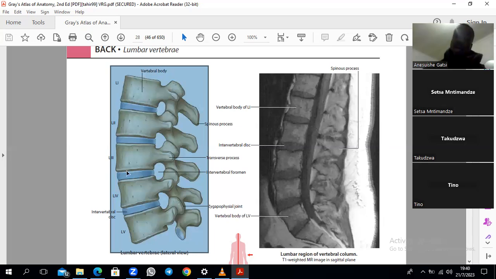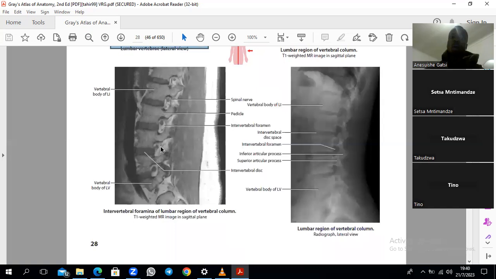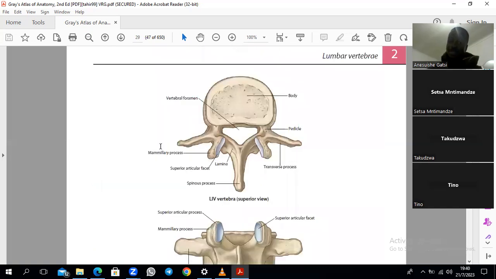So we also have unique features that we ascribe to our lumbar vertebra, right? The other time I was telling you that there's a heart in the thorax, which we use to remember that the body of a thoracic vertebra is heart-shaped. In the lumbar region, there's a kidney, right?